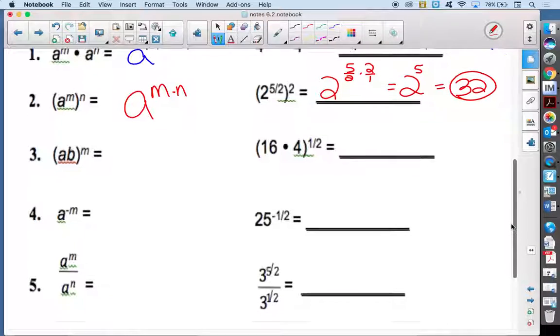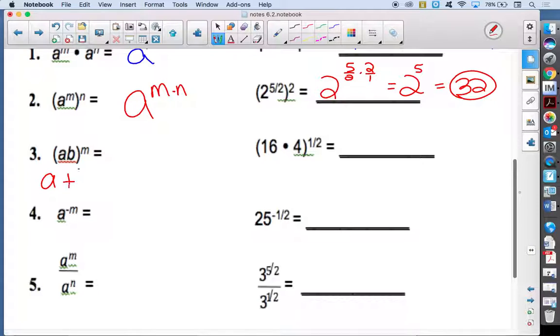Let's see, property 3, where you've got a quantity inside, the exponent outside, remember, distributes through when you're multiplying the numbers inside. So this would not be the same if it said a plus b. That doesn't multiply. This is just a times b.